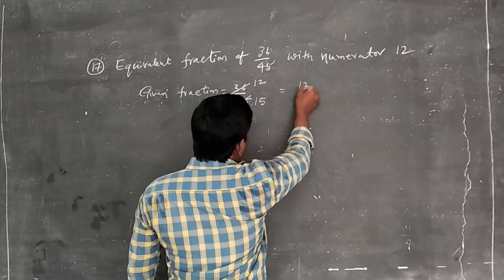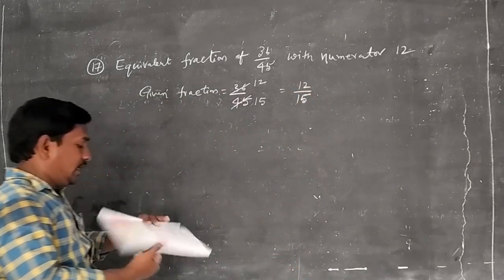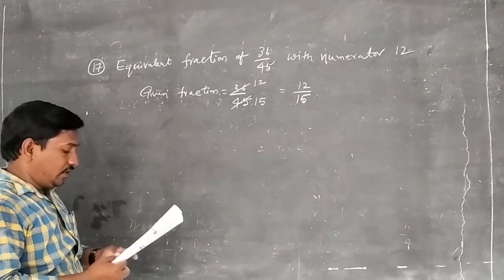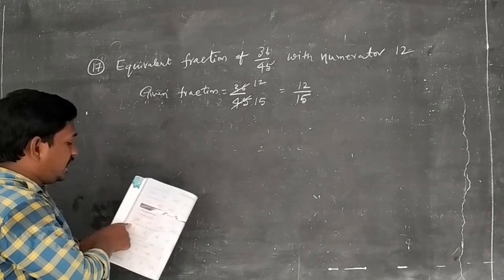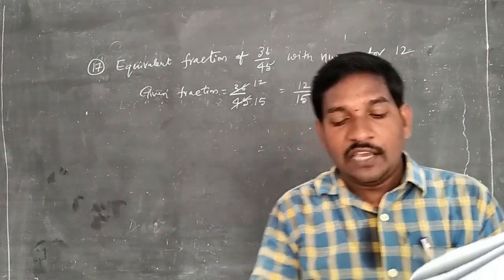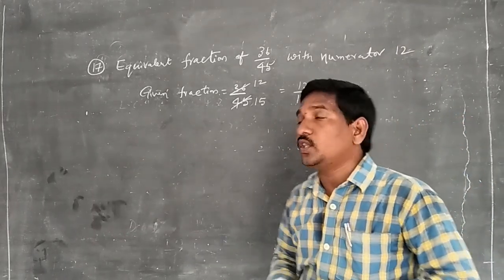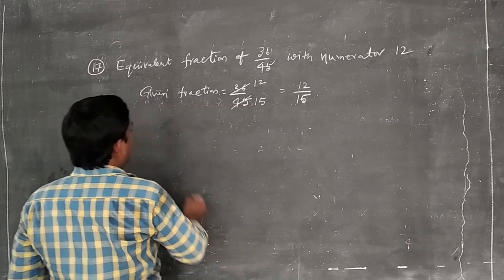That means 12 by 15. Okay. Which one is the correct option? The fourth one is the correct option: 12 by 15.